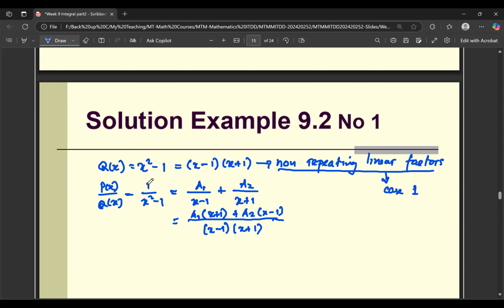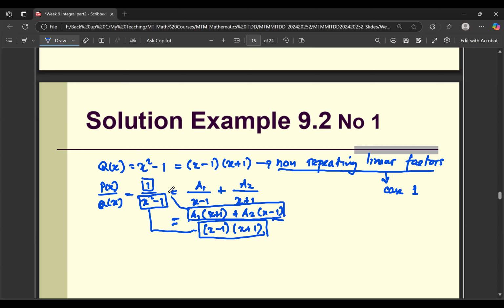Of course, after we have this equation, as we look at the denominator, we have the same value. So it means that for the numerator, we must also have the same value.